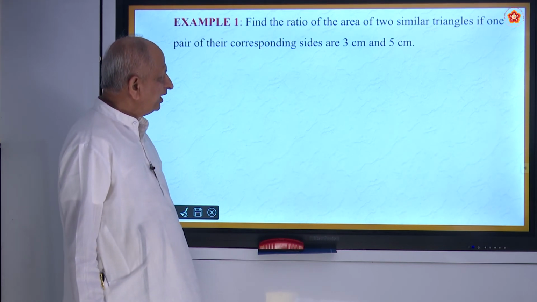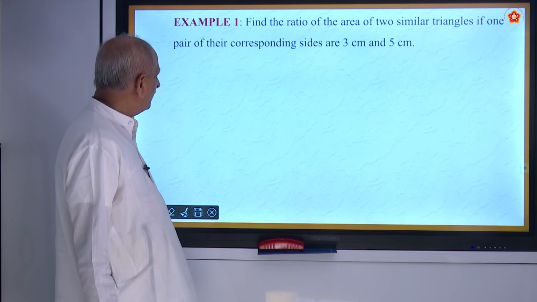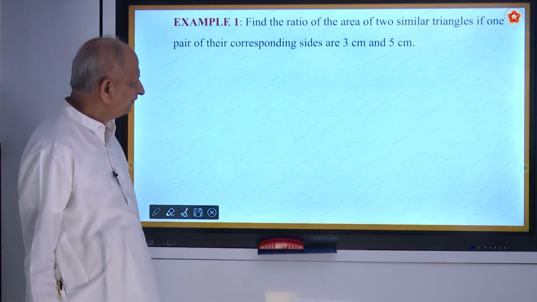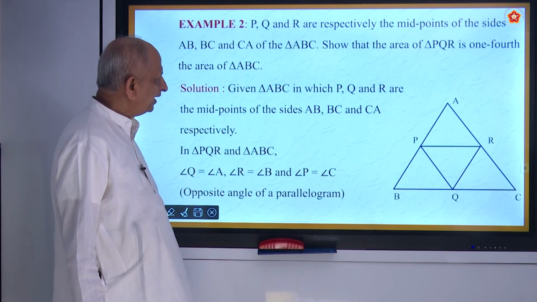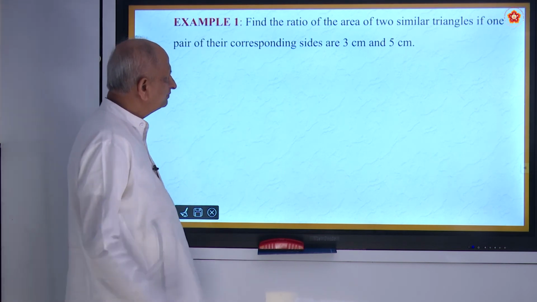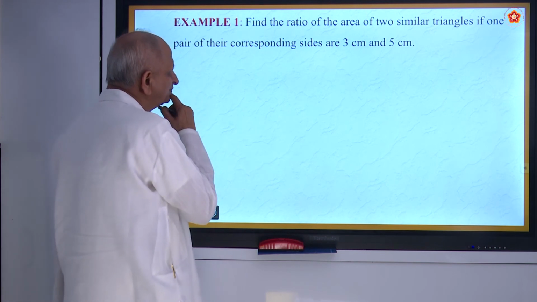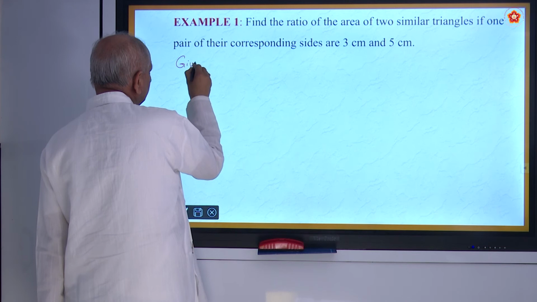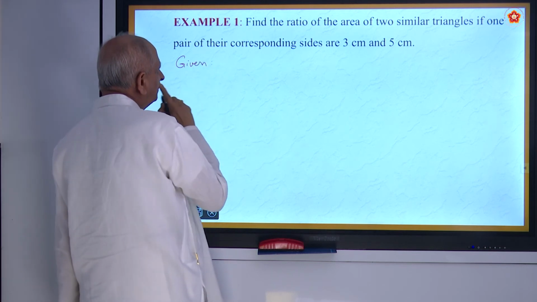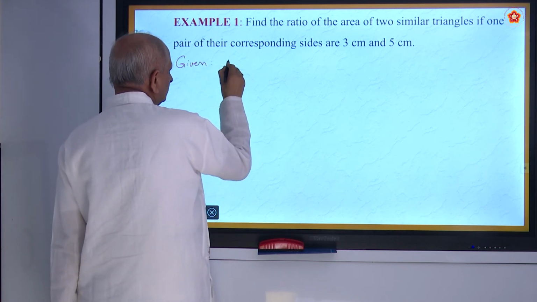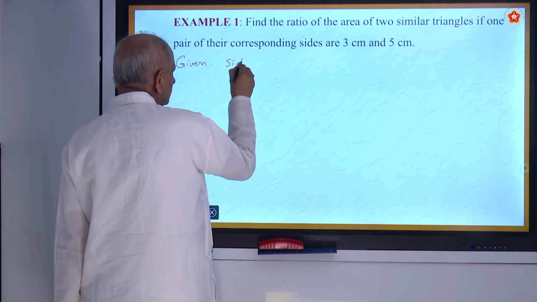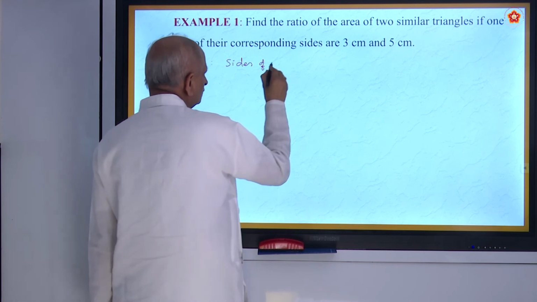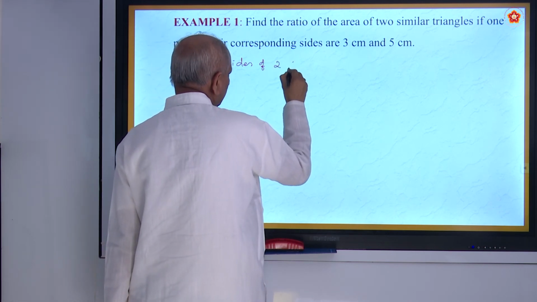Find the ratio of the area of two similar triangles if one pair of the corresponding sides are 3 cm and 5 cm. So here, what is given? Sides of two similar triangles.